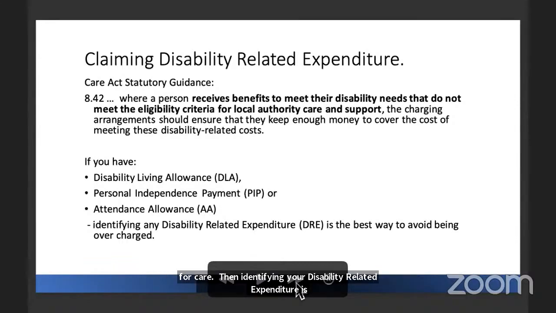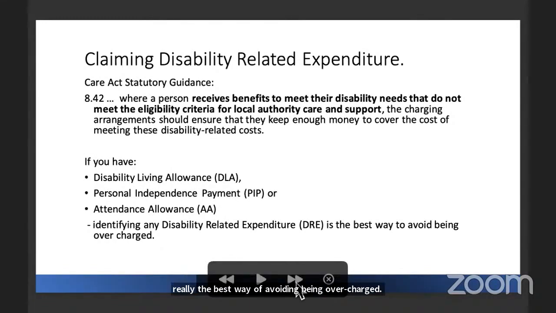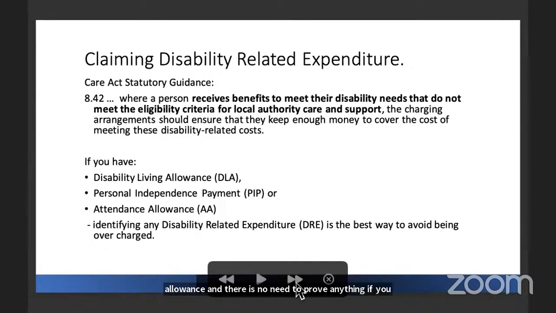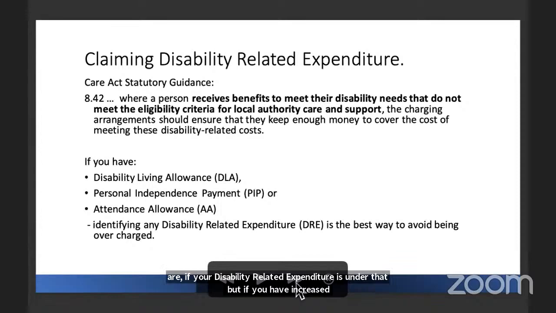Some local authorities look at disability related expenditure and financial assessment in different ways. Some might give an automatic allowance and there's no need to prove anything if your disability related expenditure is under that. But if you have increased disability related expenditure, then you'll have to offer proof.